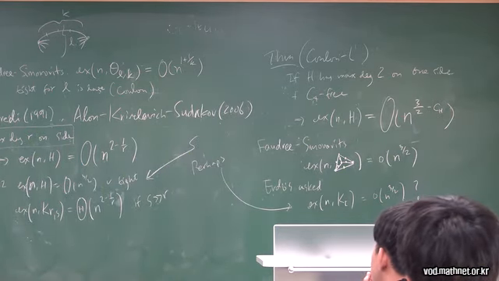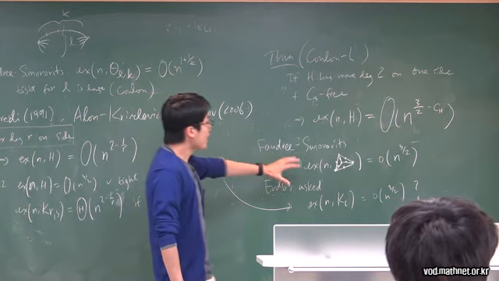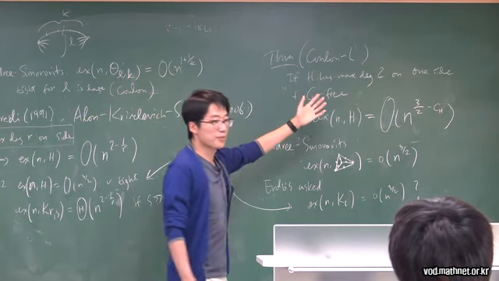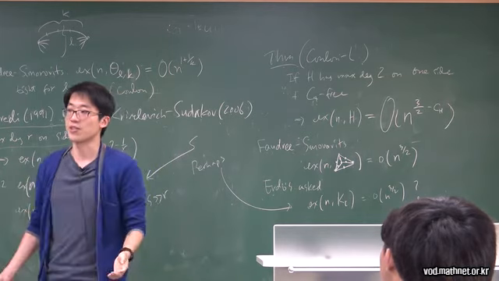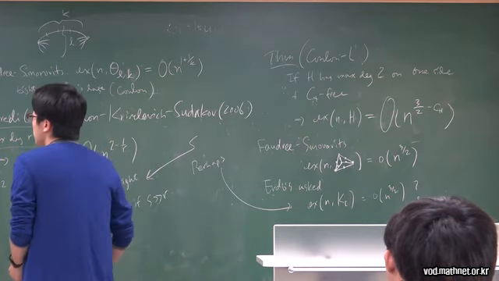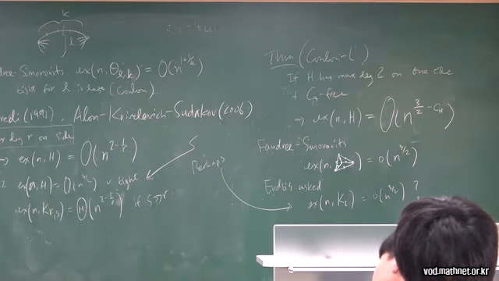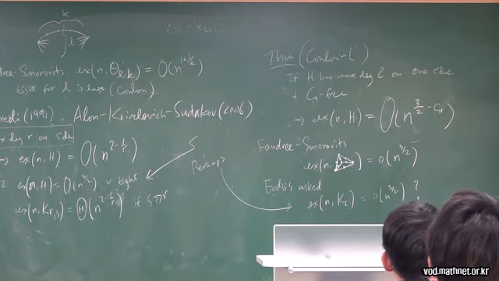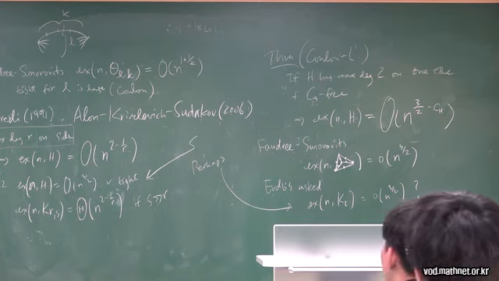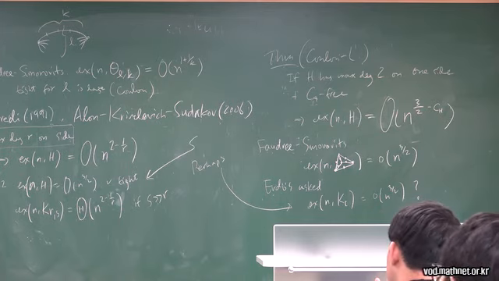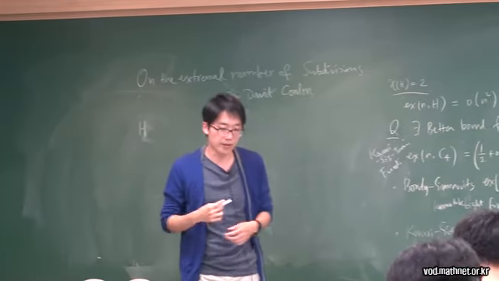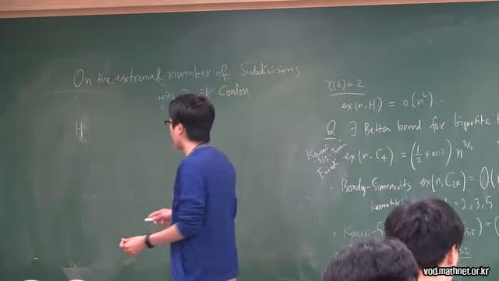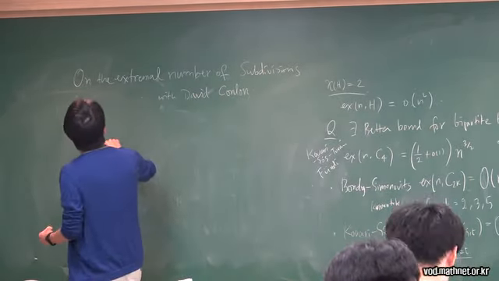So as I sketched here, another way to look at this problem is to look at the subdivision. The subdivision of a graph H is given a graph H, I'm just going to replace each edge by a k-edge path, a path with k minus 1 internal vertices.